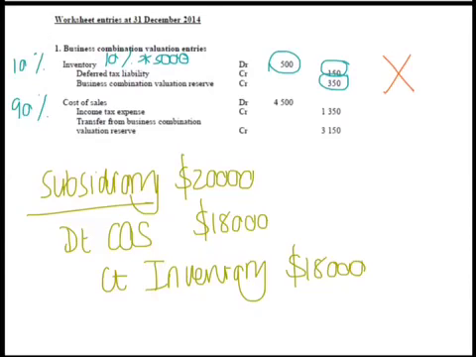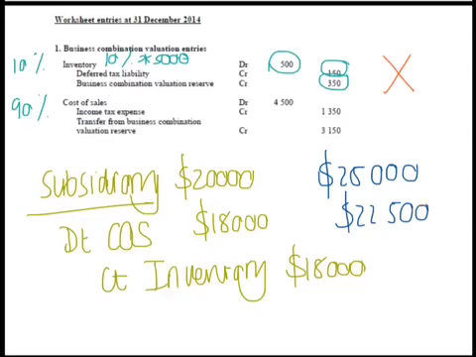However, from a group perspective, inventory was valued at $25,000. So from a group perspective, the cost of sales had to be 90% of $25,000. That is $22,500.